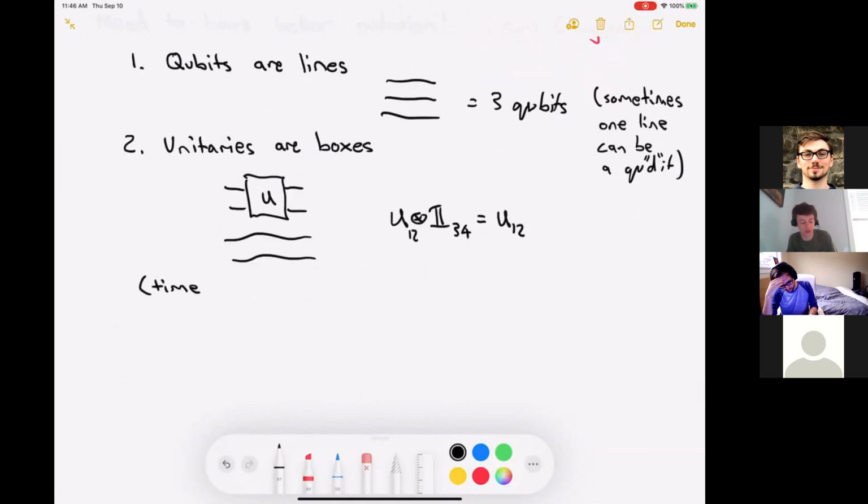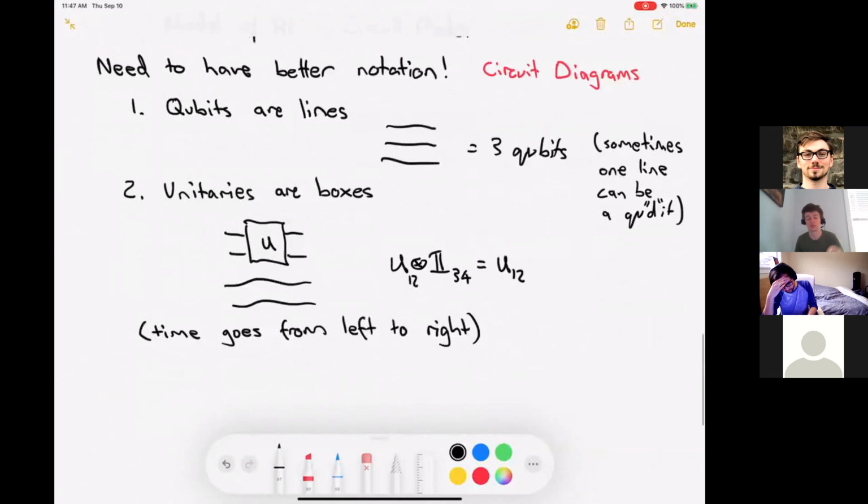And in circuit diagrams, we conventionally have time going from left to right. People sometimes do things differently. So in this circuit, the input is on the left, the output is on the right.